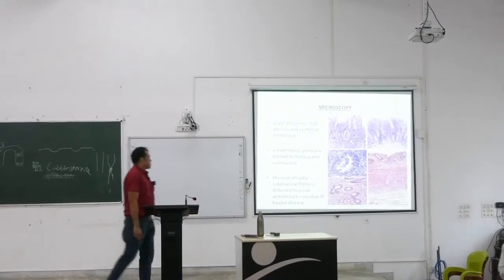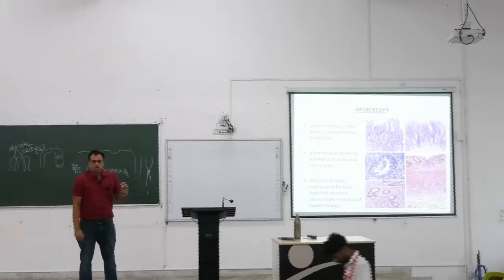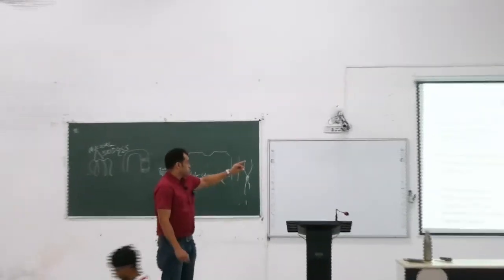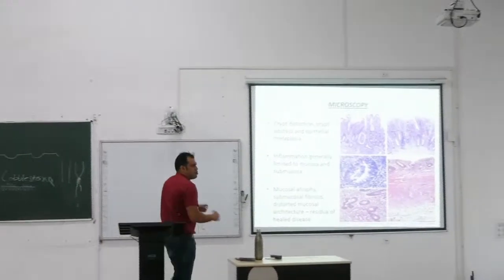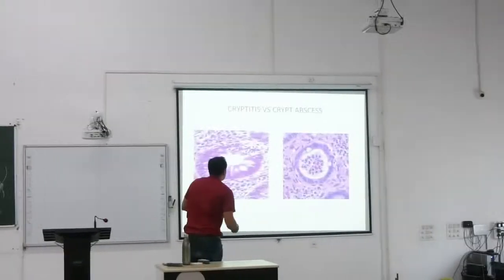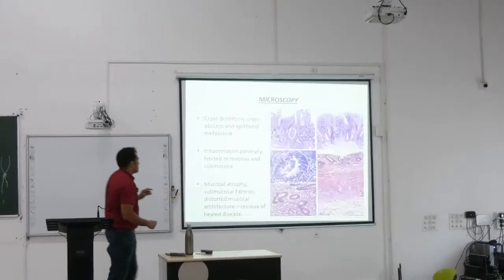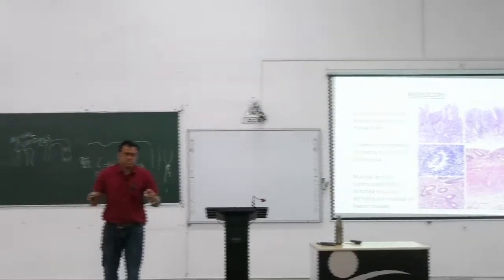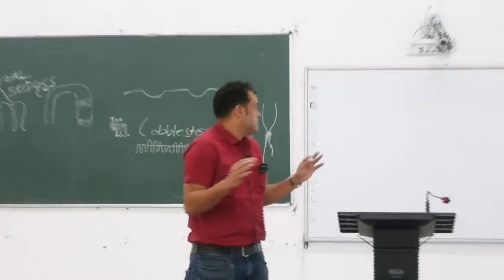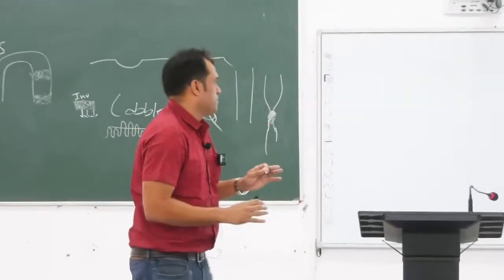So coming to the microscopy again, crypt abscess and crypt distortion. Crypt distortion, crypt abscess, which were explained in epithelial metaplasia, are similar: this is cryptitis and crypt abscess. I will show you the picture once again. So crypt distortion, just like Crohn's disease, crypt abscess, cryptitis, and epithelial metaplasia.